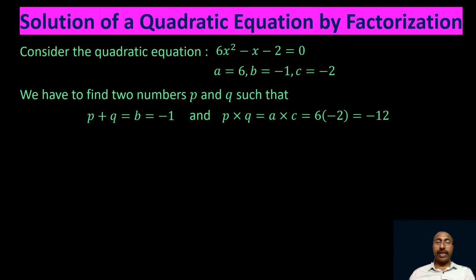To solve the given quadratic equation by the factorization method, we need to find two numbers p and q such that p + q = b and p × q = a × c.